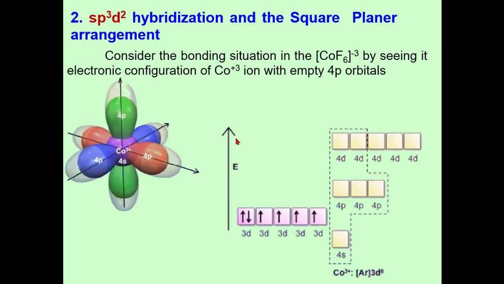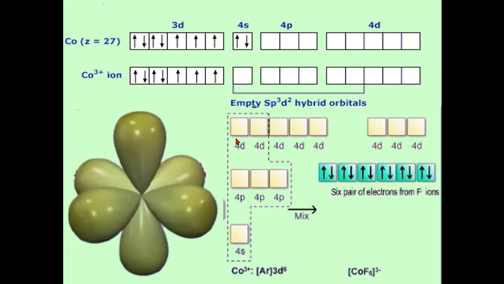So this is a little bit clearer picture. Cobalt has atomic number 27. This is the ground state electronic configuration, and by making the cobalt 3+ ion, there is a loss of 3 electrons.